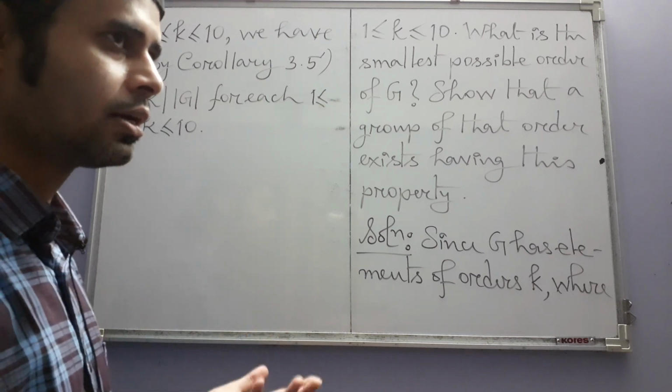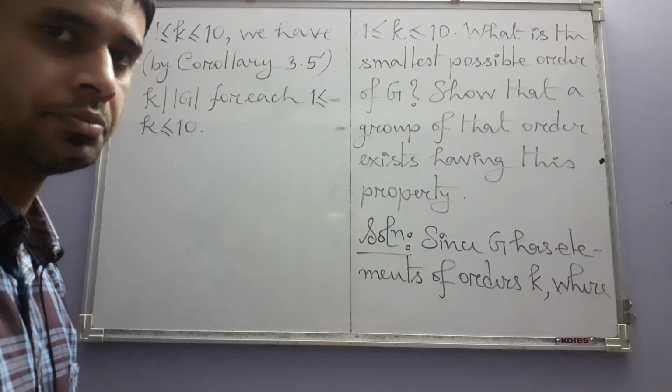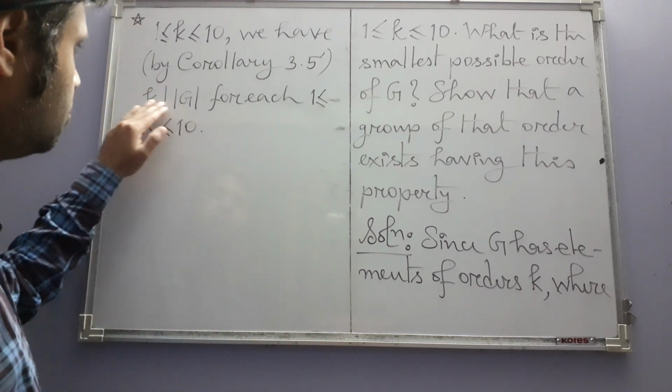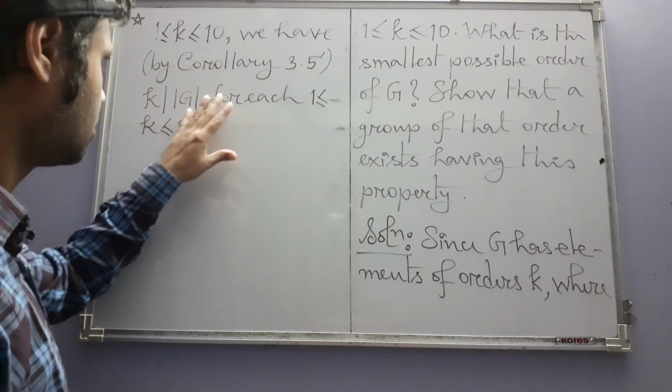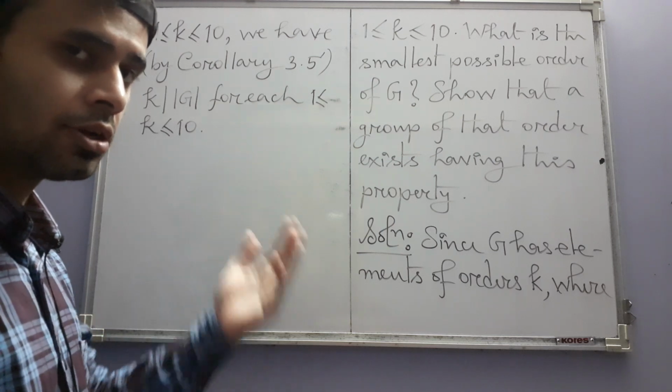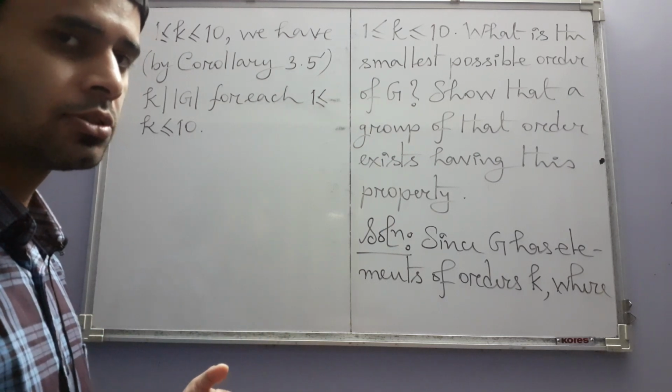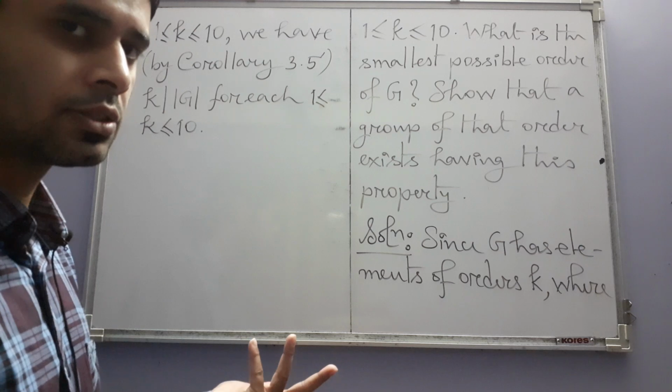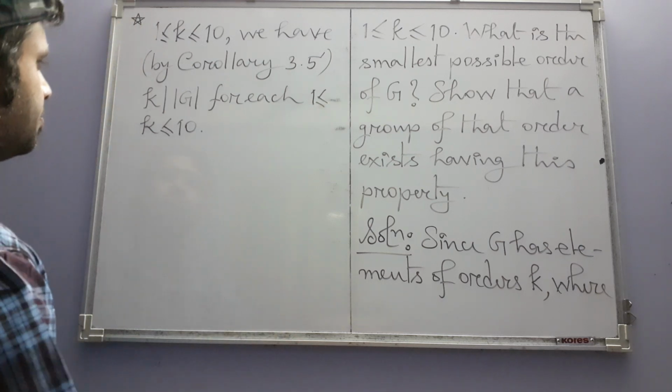That is just literally the least common multiple. Because we already have the order of G as a common multiple of all these k's, and we also want it to be the least possible, so it is the least common multiple. That's literally what it is.